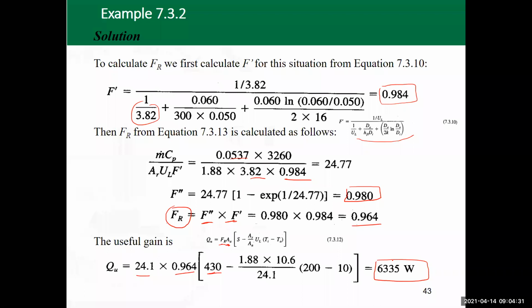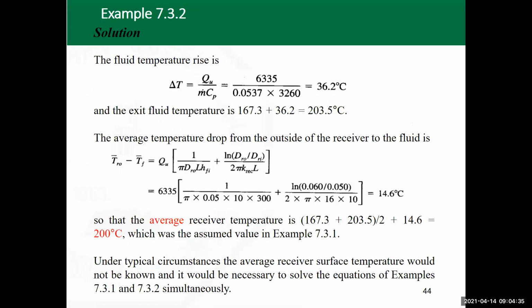We can make use of that to calculate the outlet temperature. It's just an enthalpy equation: Q useful is m dot C_p into delta T. If this is the receiver that we have here, it has a certain fluid temperature in and a temperature out. So delta T is basically T out minus T in.